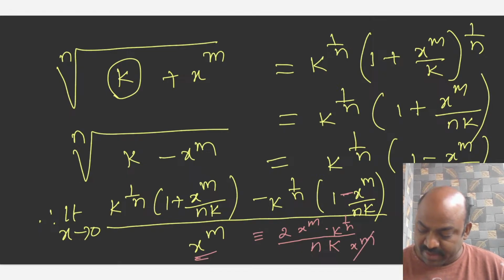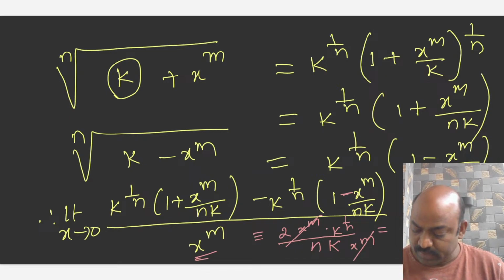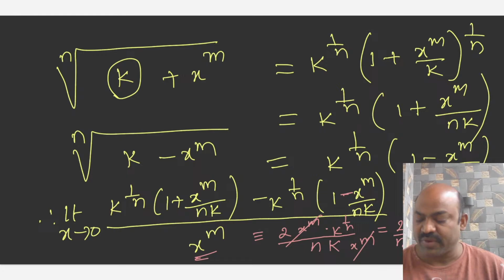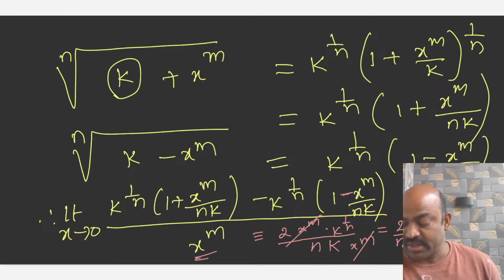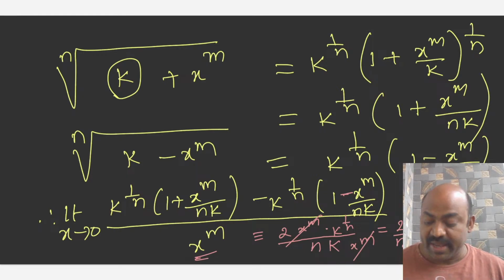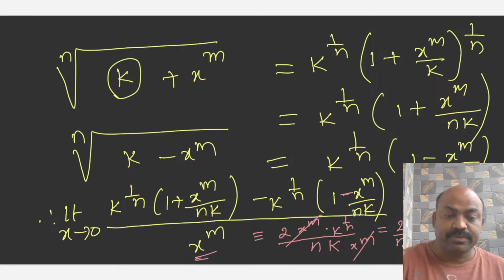So this x power m is gone. So what is this going to become? 2 by n, k power 1 by n minus 1. That's the formula we derived now. Sorry, 2 by n.